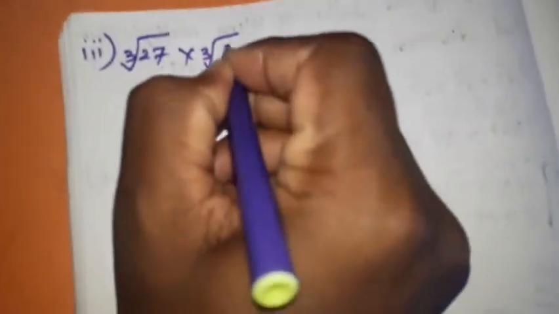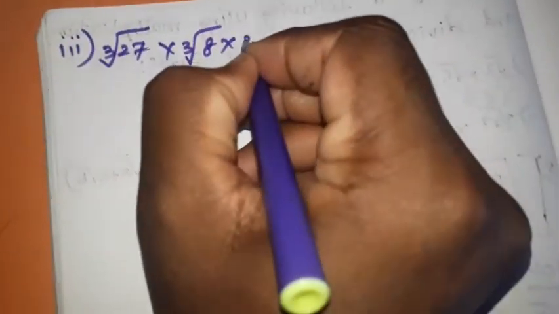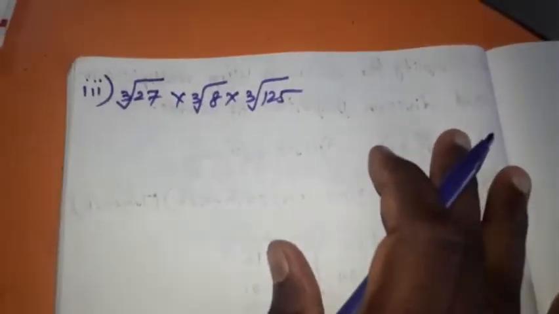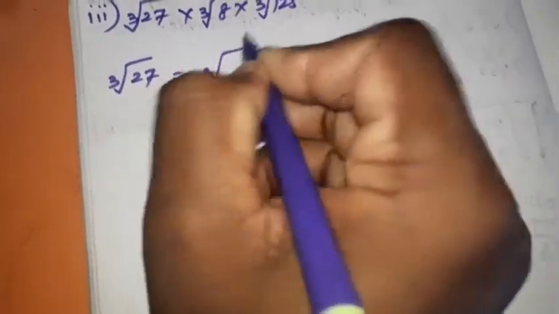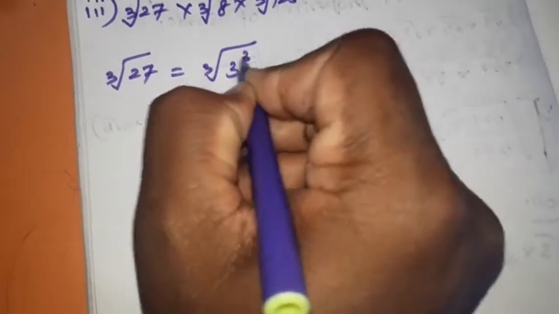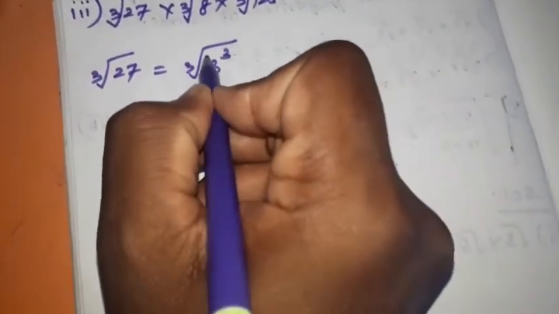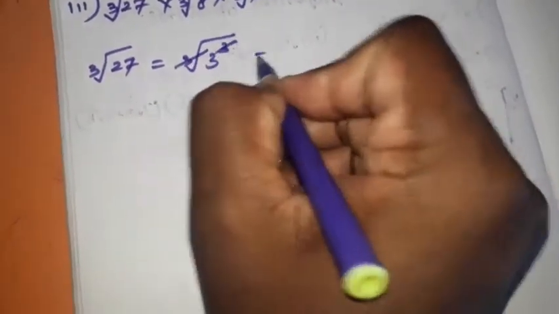Next, the third one. See that, cube root of 27 into cube root of 8 into cube root of 125 is given. First let us simplify. Cube root of 27 we can write as 3 cube, here the cube root and 3 cancel, we get 3.